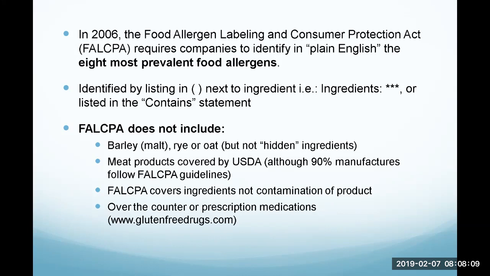They had to list all ingredients in their products, but it did not include, as I said, barley and rye. It didn't include meat products, even though they try and manufacture in a more controlled manner, and it did not include over-the-counter medications or prescription medications, sorry.